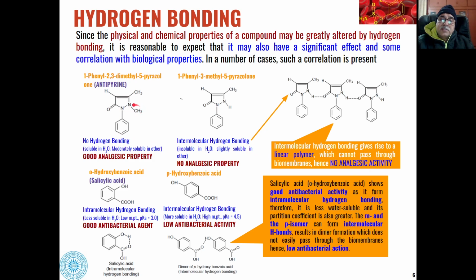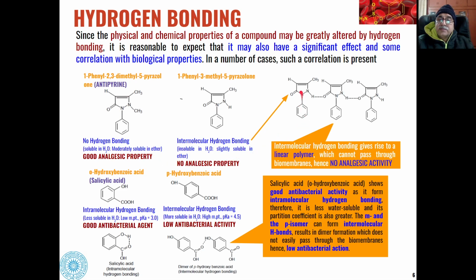Whereas when this hydrogen is replaced by a methyl group, no such linear polymer is formed. And because of that, this molecule does not show any hydrogen bonding. In the absence of hydrogen bonding, this is soluble in water and moderately soluble in ether.